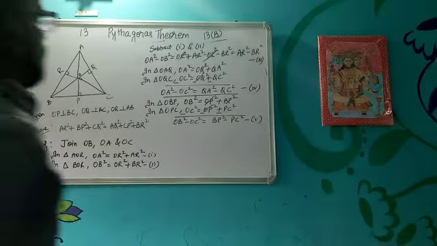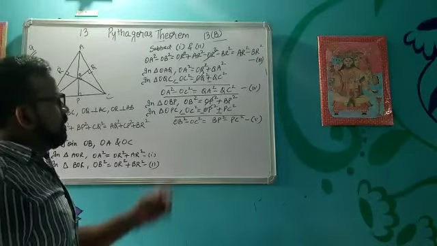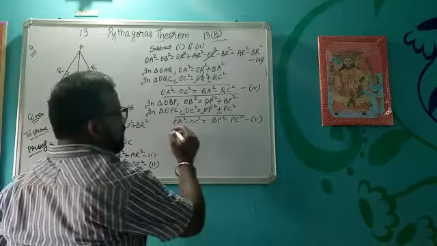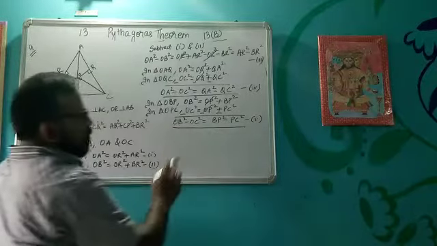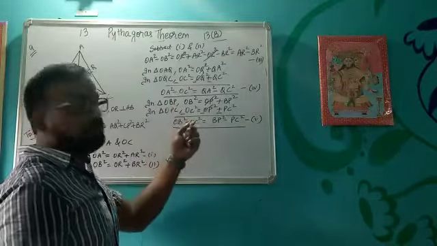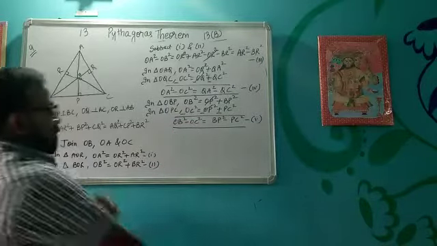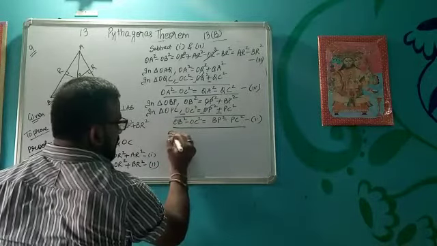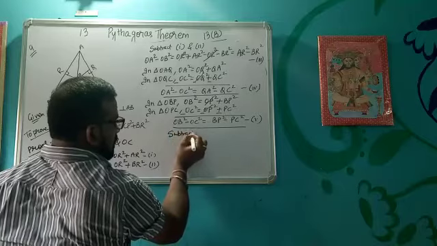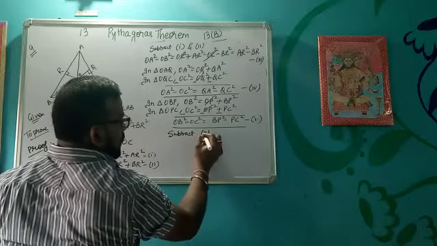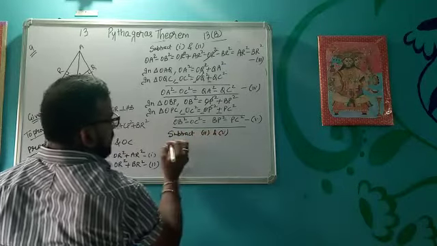Okay, so what I am going to do, I am going to eliminate this OC. And how can I eliminate OC? We will subtract 4 and 5.